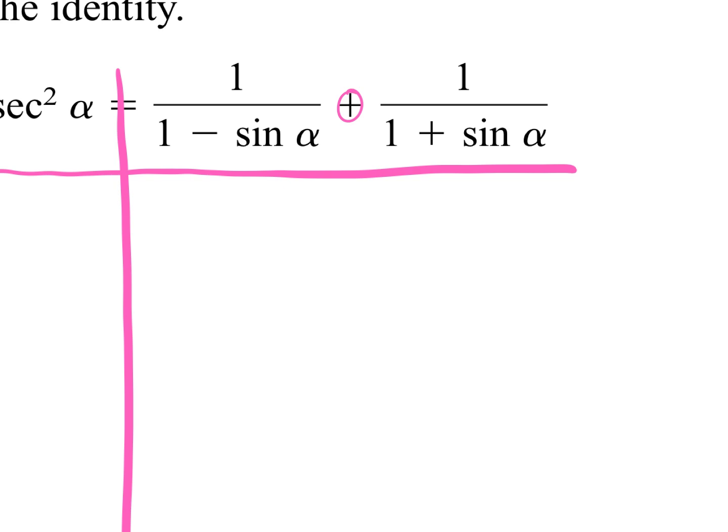Same denominator. So here, I can multiply by 1 minus sine. So I have to multiply that to the top and the bottom. So 1 minus sine. And then on the left side, I'm going to multiply it by 1 plus sine. So on top, we have 1 plus sine plus 1 minus sine.